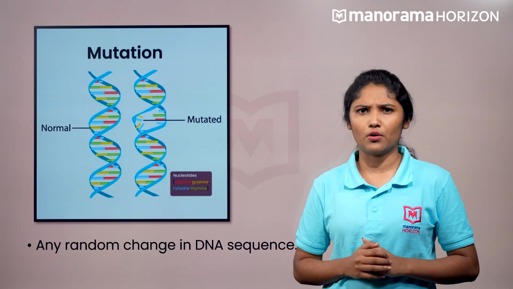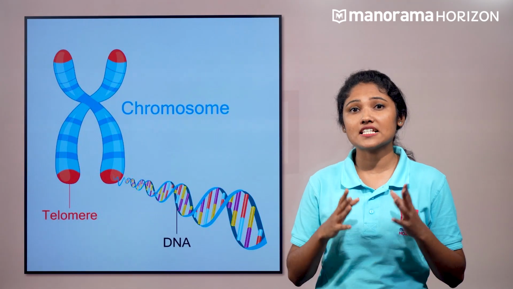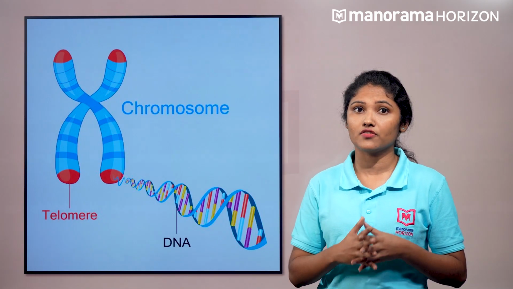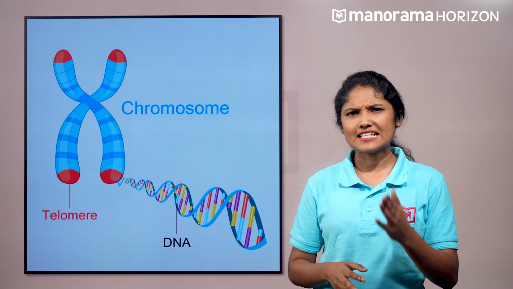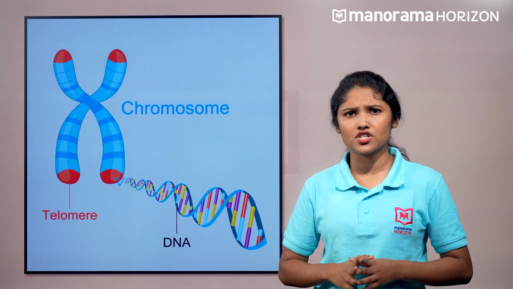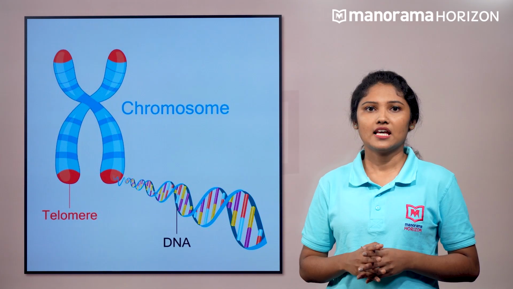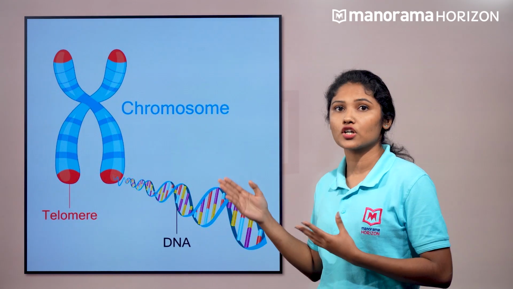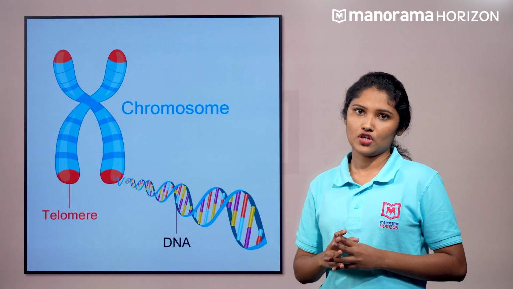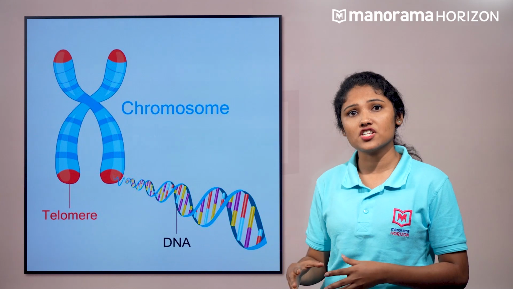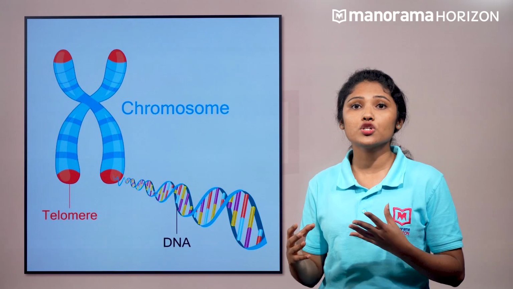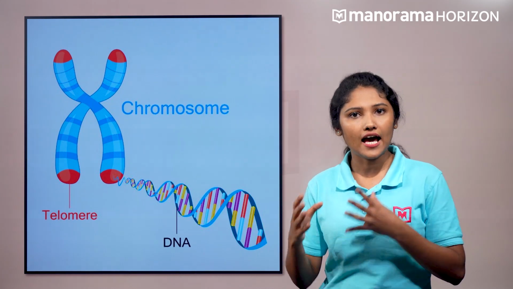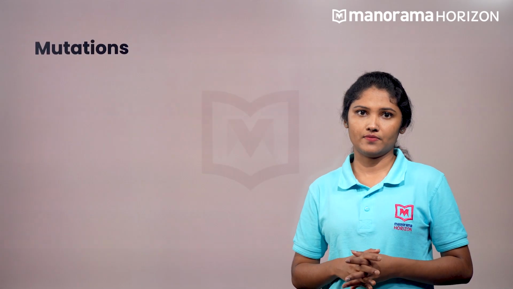Well, I have a doubt here. Mutations change the nucleotide sequence of genes, but is there any effect of mutations on chromosomes as well? Yes, a DNA double helix is packed in one chromatid of a chromosome. So, any change in the DNA sequence also affects the structure and function of chromosomes.